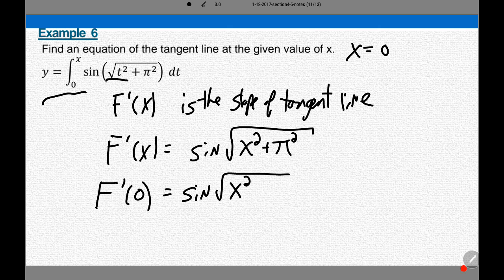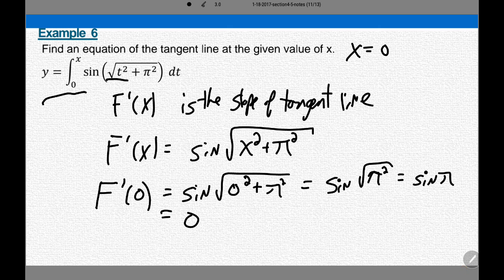So I've got 0 squared plus pi squared. The 0 goes away, and I'm left with the sine of the square root of pi squared, which is just the sine of pi, which equals 0. So we got a 0 there. That's the slope of our tangent line.